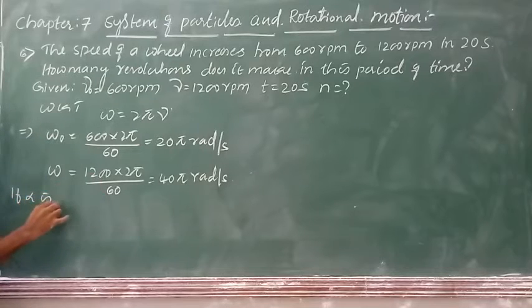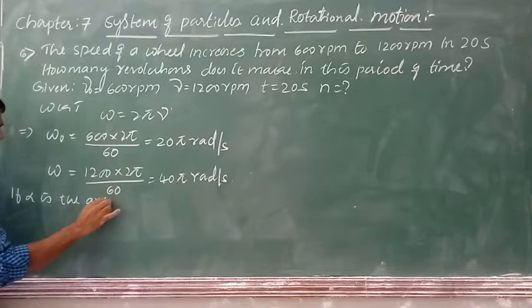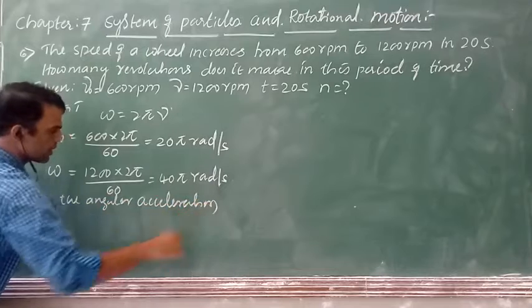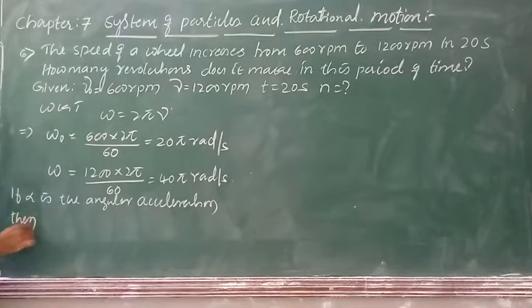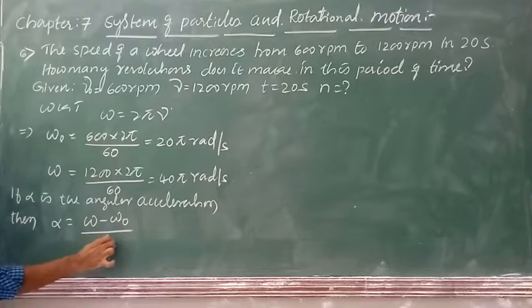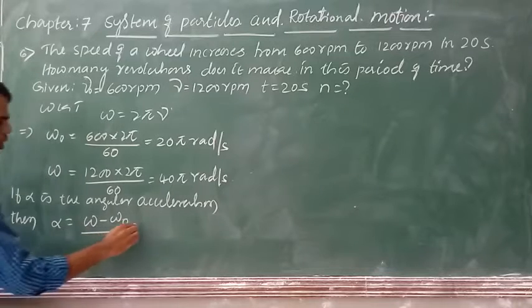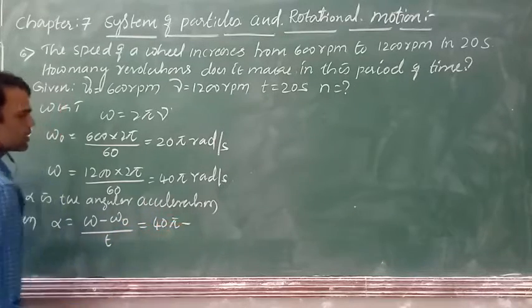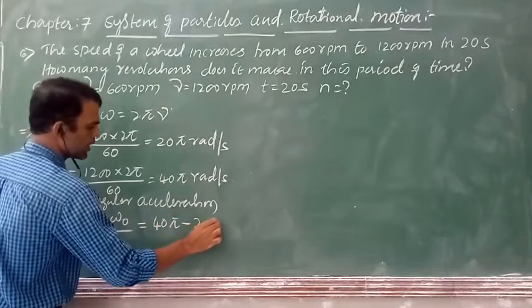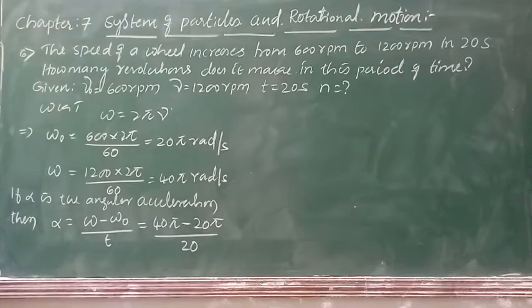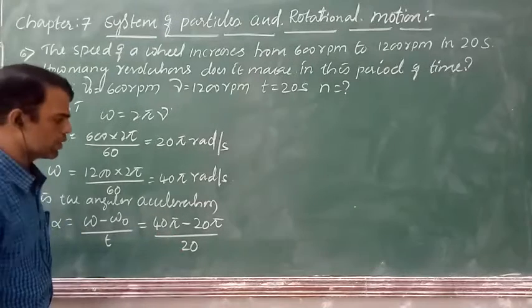If alpha is the angular acceleration, then alpha is equal to the change in angular velocity, that is omega minus omega naught, divided by t. So omega is 40 pi here minus omega naught, 20 pi, divided by 20. 40 minus 20 is 20, divided by 20 is 1.